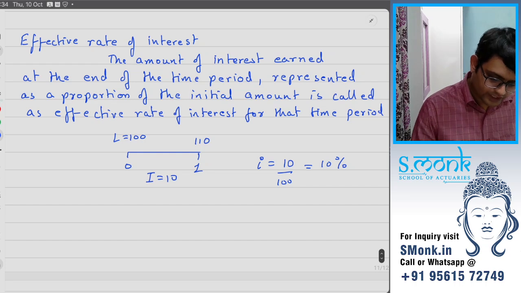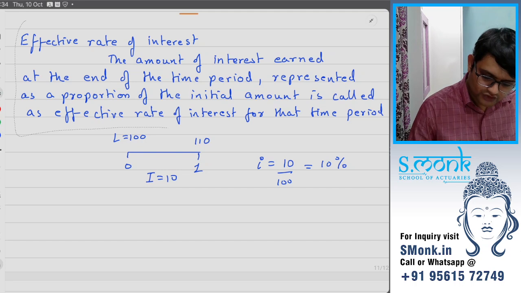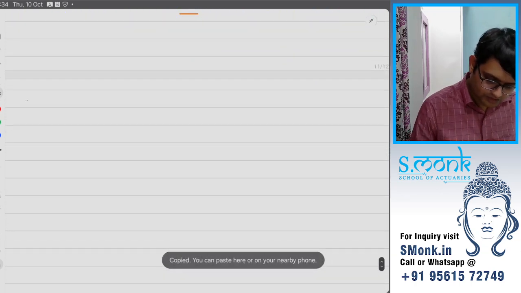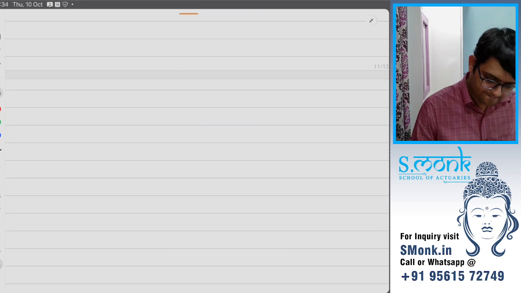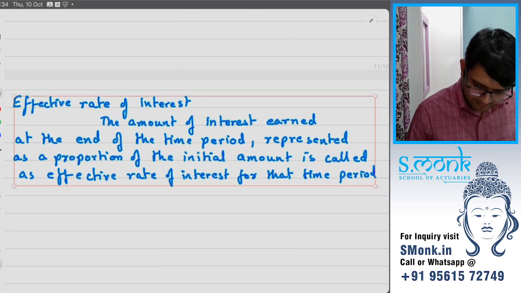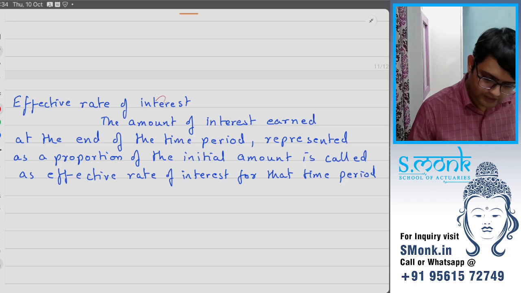Now we are going to write effective rate of discount. I will just copy this and make changes on this so that we can understand what changes we are making. I'll write it in red.